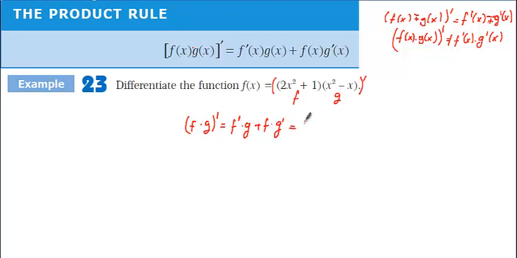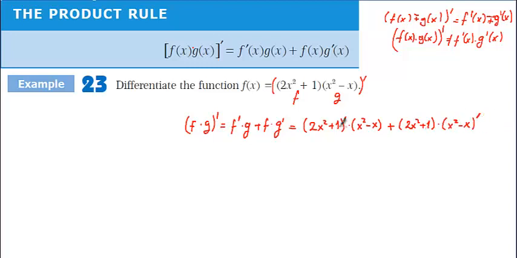Now the derivative of the first one, 2x squared plus 1, times x squared minus x, plus 2x squared plus 1 times the derivative of x squared minus x.